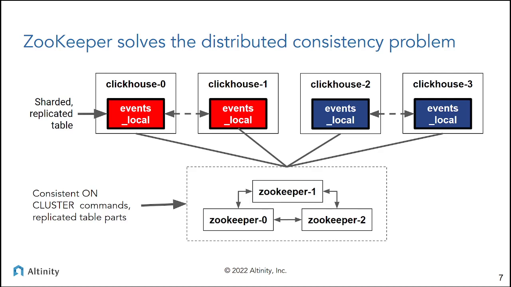What's the next on cluster command I should execute? If I'm a table, what are the parts that I've missed and I need to replicate from other replicas? That information is all stored in Zookeeper. So that's why we have Zookeeper in this system, and why up till recently it has always been a part of ClickHouse clusters.